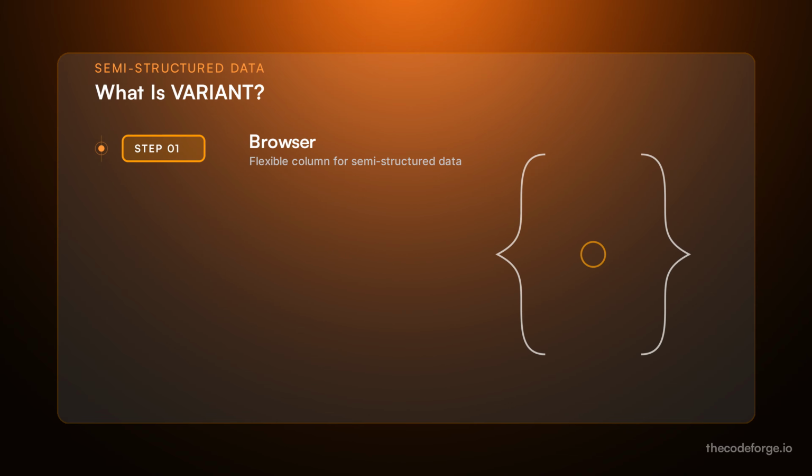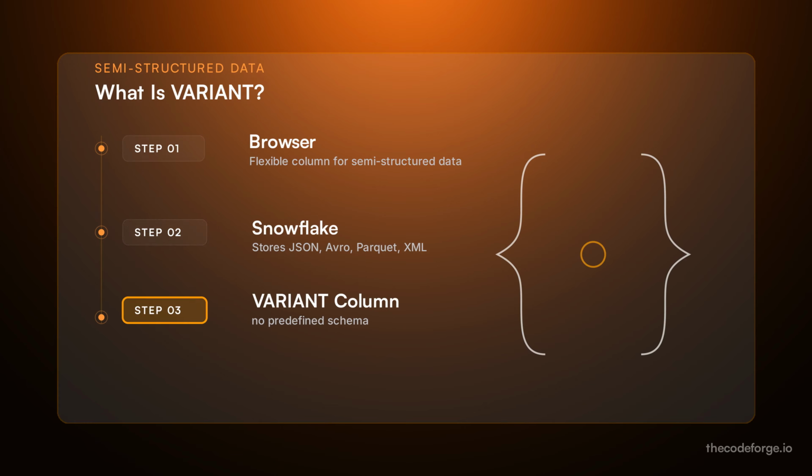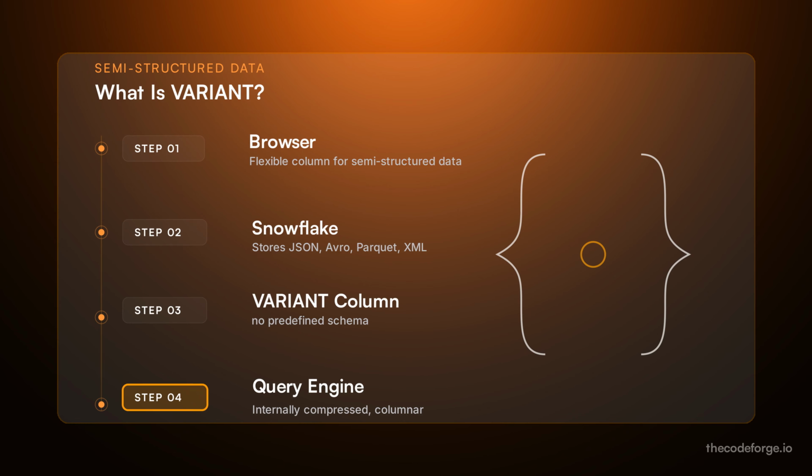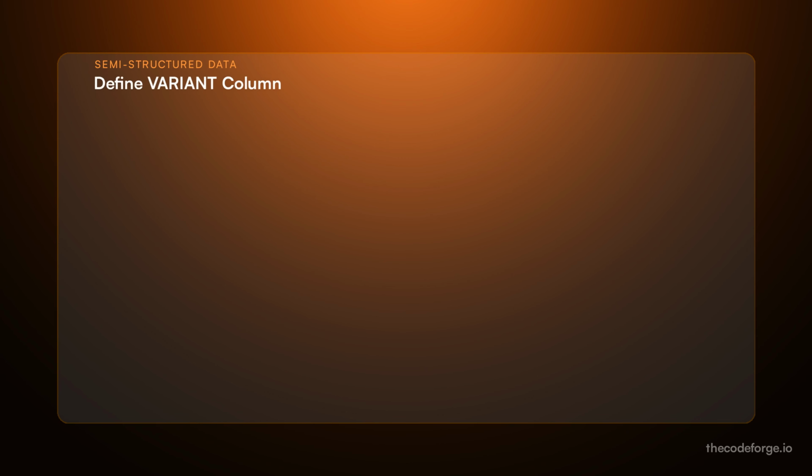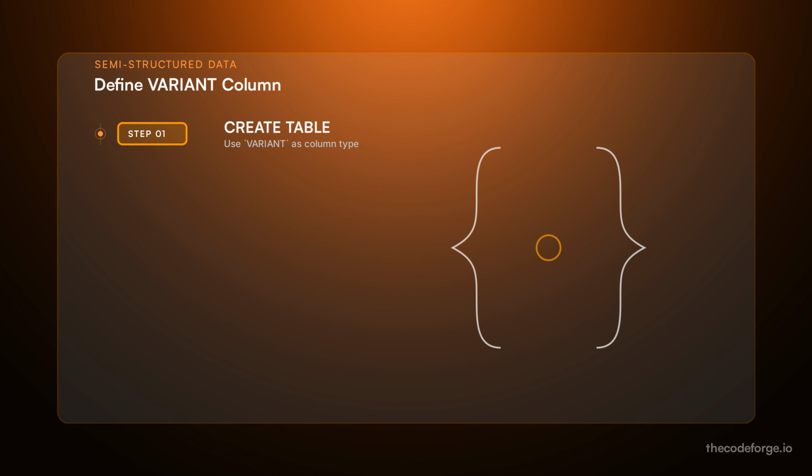Snowflake's variant data type lets you store and query semi-structured data like JSON, Avro, Parquet, and XML directly using SQL without needing a predefined schema. Think of it like a magic box that can hold any somewhat messy data, and it's internally compressed and columnar for efficiency. To define a variant column, use the variant data type in your create table statement.